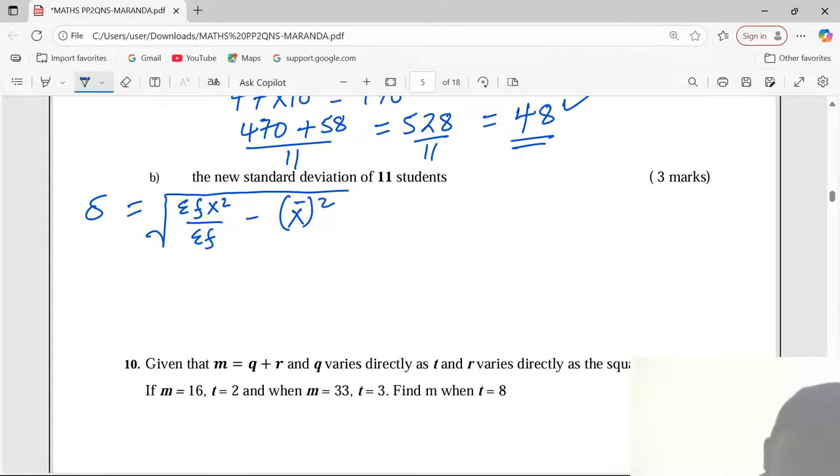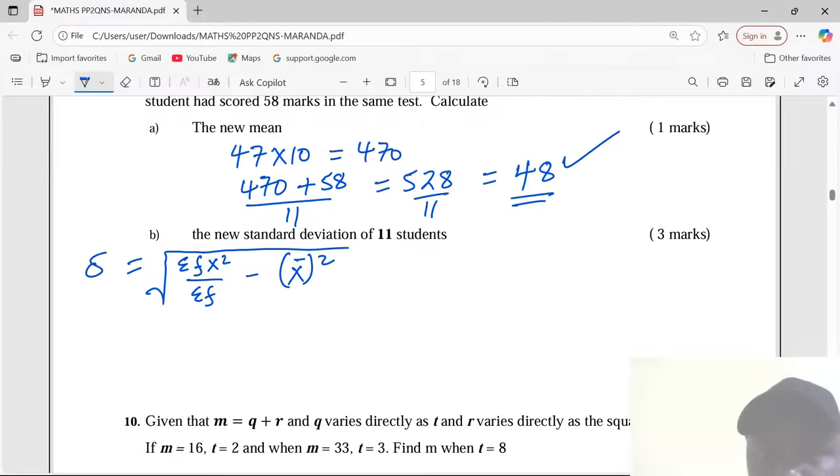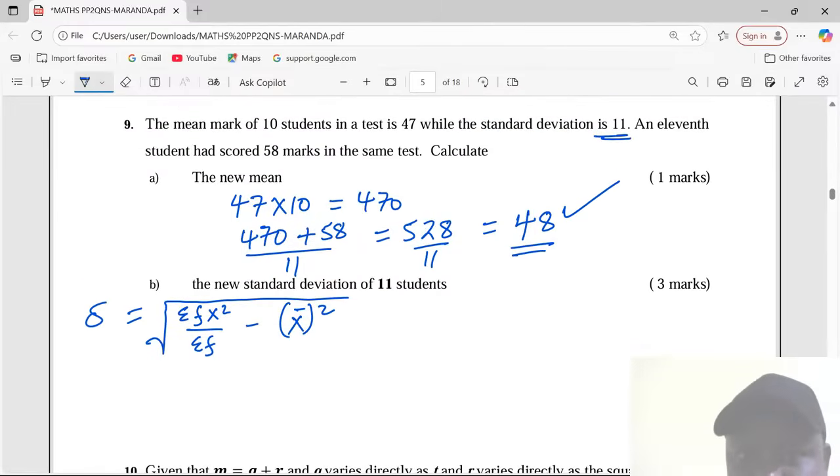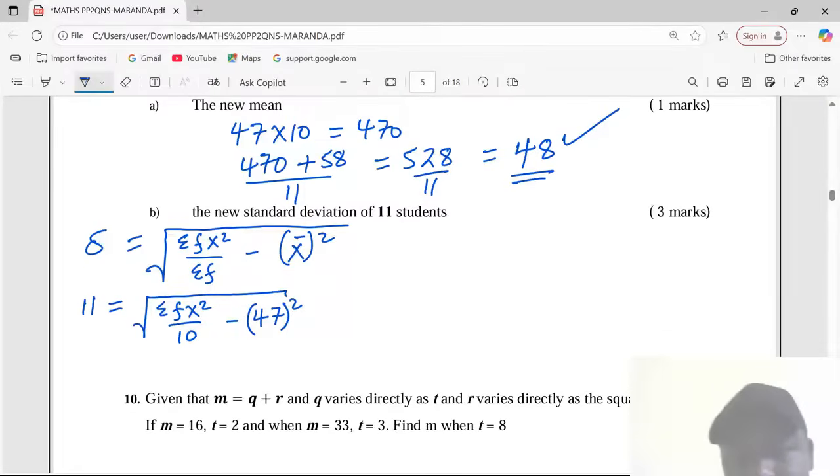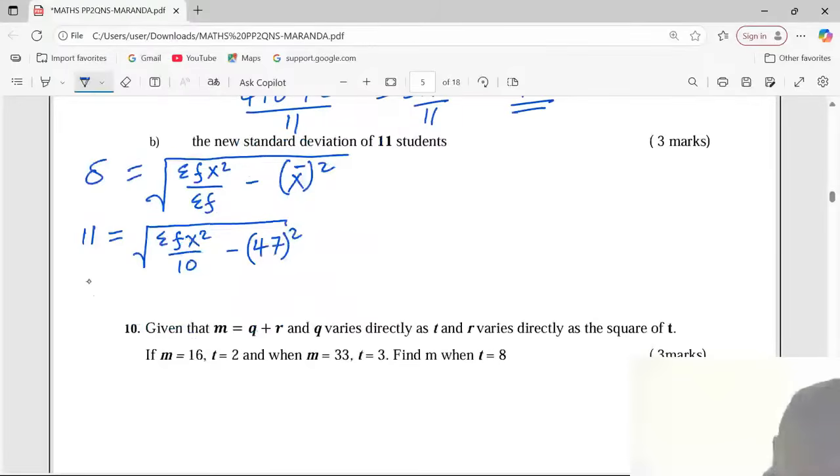That is the formula for standard deviation, more so when the data is not grouped like in this case. So we will say 11 is given by the square root of the unknown sum of f of x squared over 10 students, minus 47 squared. So from this, we can square both sides.